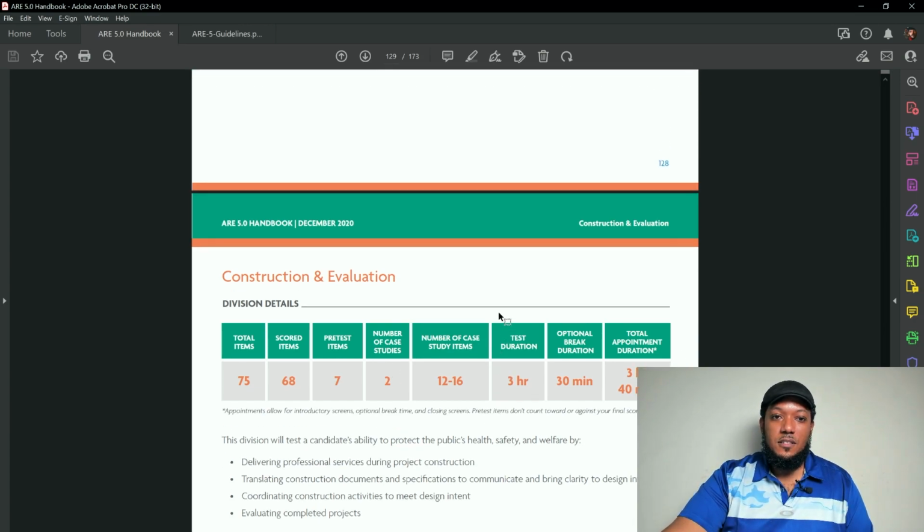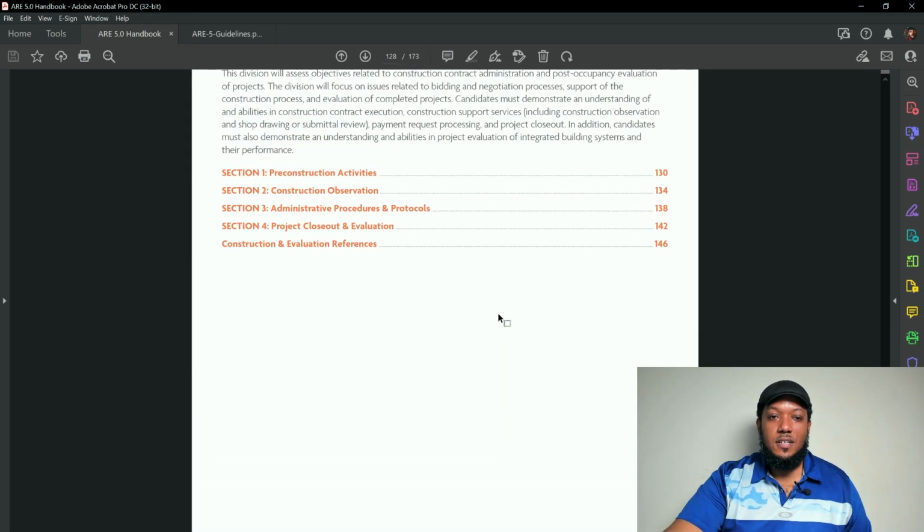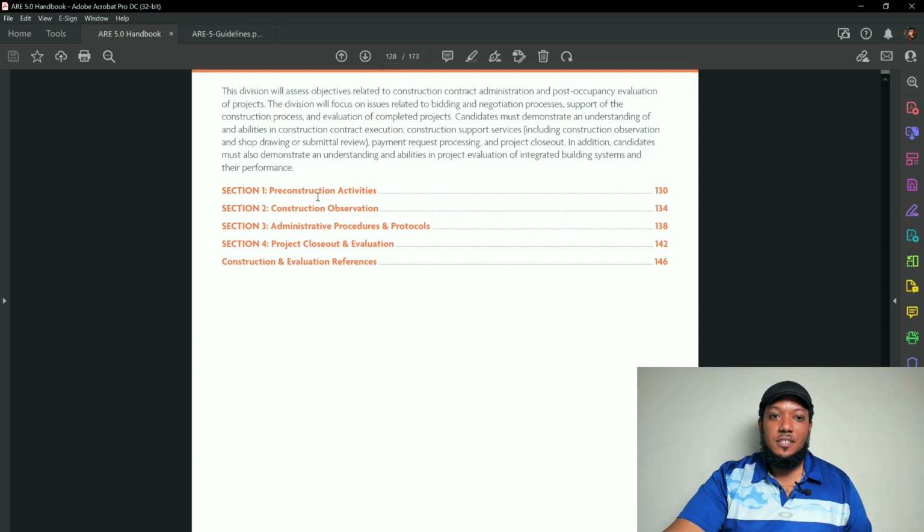Okay, and here are the divisions, and I'm going to tell you how I saw these. It's pre-construction activities, construction observation, administrative procedures and protocols, project closeout and evaluation, and then construction has the references. It's only 4 sections. Essentially, in this exam you are looking at what happens at the end of the design phases.